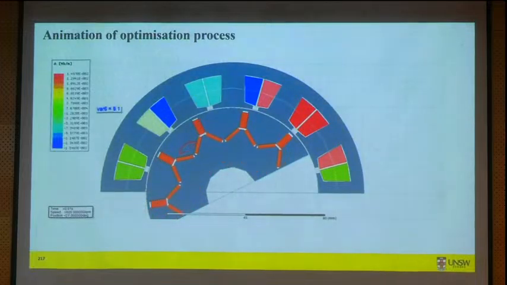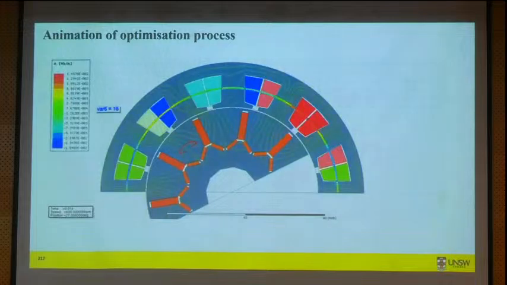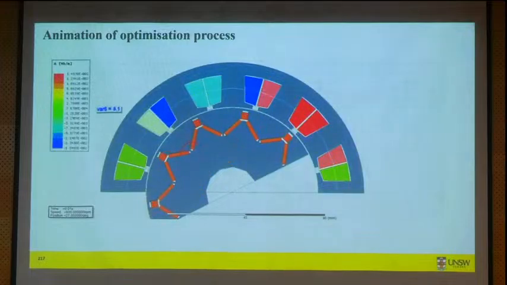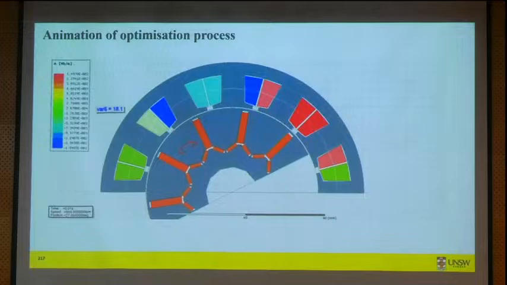Oh, we are keeping it the same volume, because magnet volume determines your cost, right? We also wanted to minimize cost, so we kept the magnet volume the same as the angle changes. That's why the geometry changes.